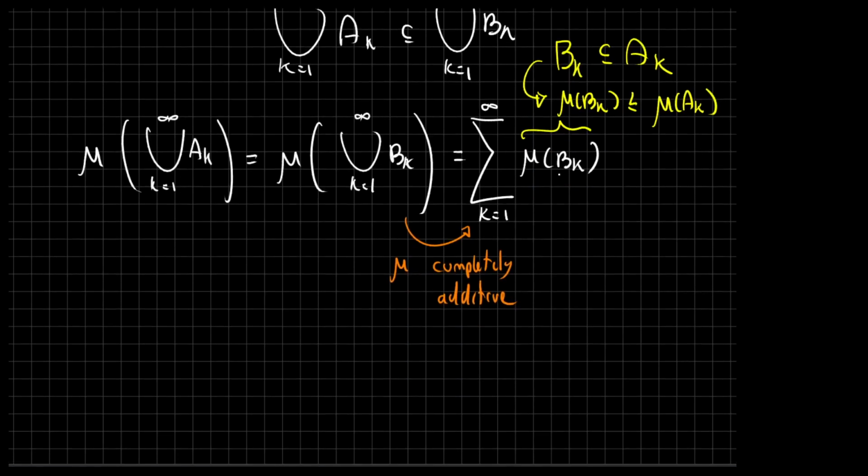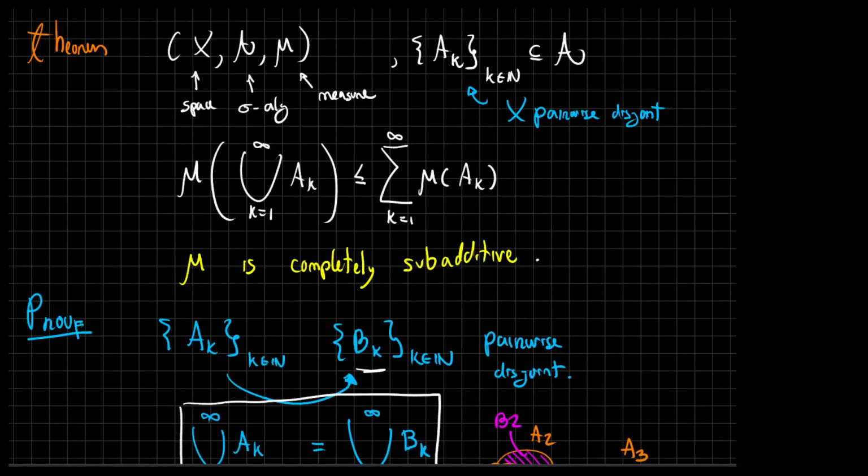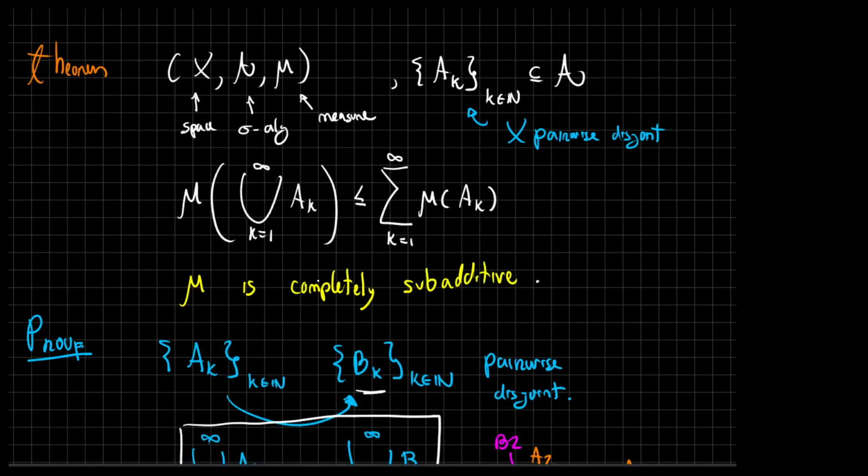So every term of this series is less or equal than this other term, so this is less or equal than this series here. And that proves the theorem. So that shows that the measure is also completely subadditive.